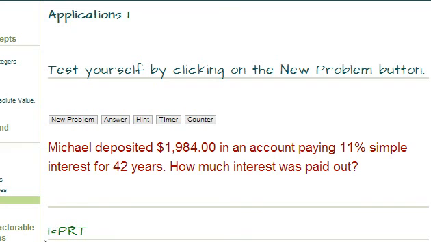So in this particular problem here, as you can see, I went up here and hit the hint. It says I is equal to PRT. So you're going to need to know what P is, what R is, and what T is up here in order to find out what I is going to end up being. So let's try to remember some of these numbers here. We got 1,984, 11% for 42 years.